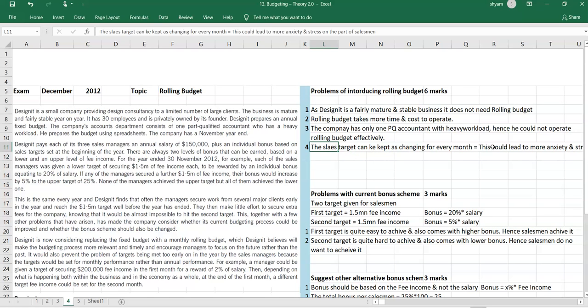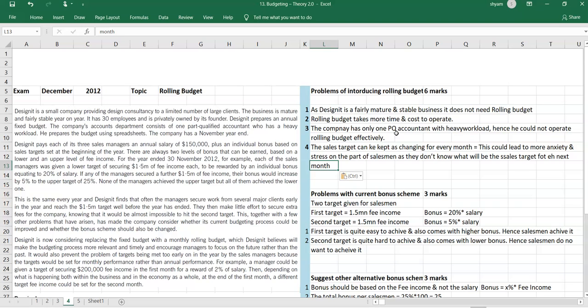Okay, so this will only lead to more anxiety here, because they don't know what would be the sales target for the next month. Okay, so they don't know about that, so that can cause a huge amount of stress.